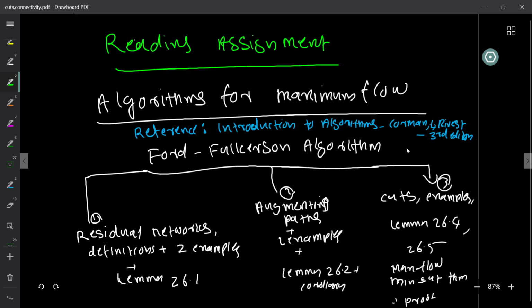Essentially, what we want to look at is the max flow min cut theorem and the algorithm associated with it. Of course, one can expand this. There is another entire subject called flow theory, but we are not going into that at the moment.